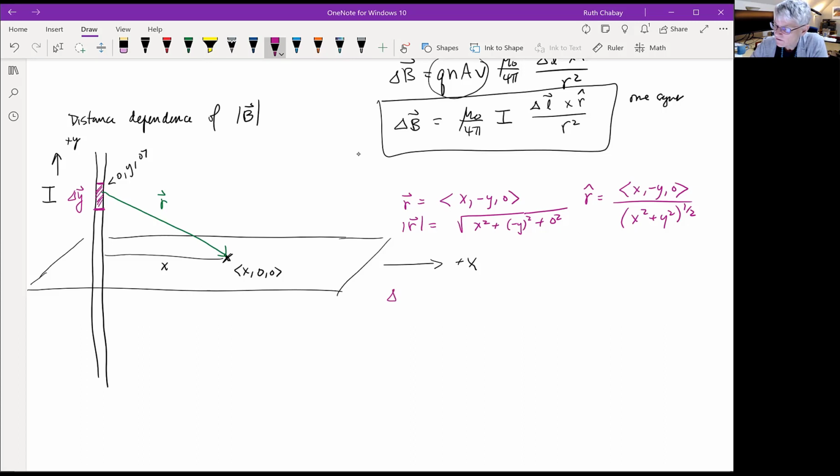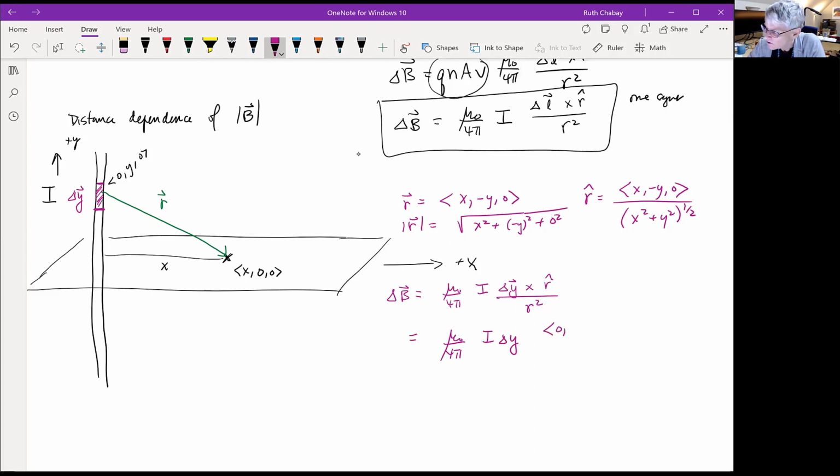Our expression for delta B is going to be equal to mu 0 over 4 pi I delta y cross r hat over r squared. So we're going to get mu 0 over 4 pi I delta y.